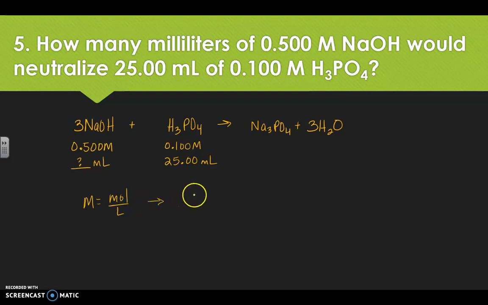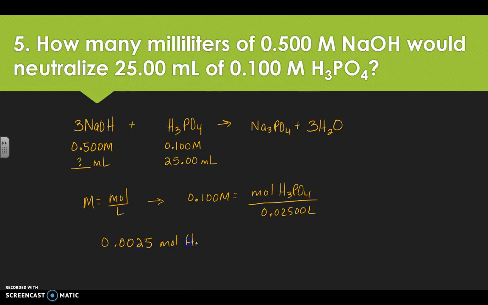So we plug in 0.100 molarity is equal to moles of H3PO4 over 0.02500 liters. So 0.1 times 0.02500, and we're left with 0.0025 moles of H3PO4.